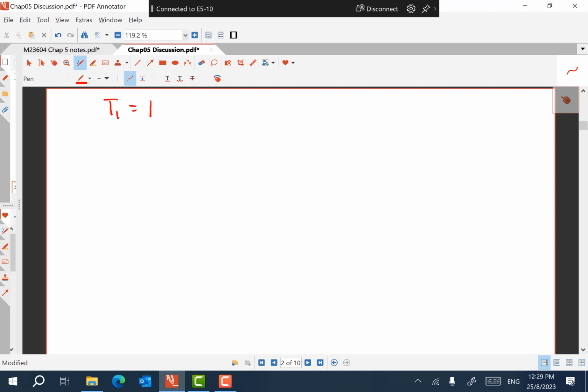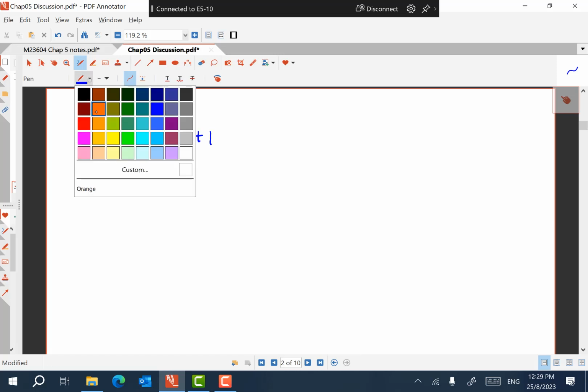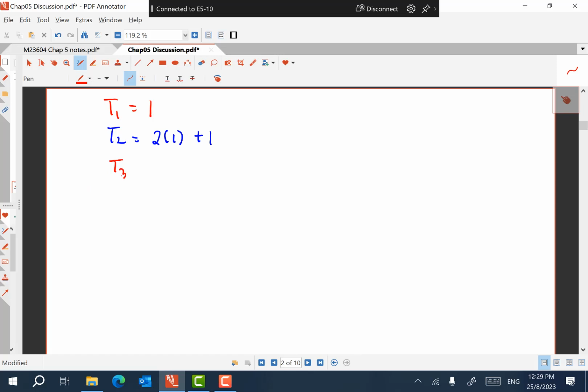So that being the case, based on this we can actually generate our pattern. T1 is 1, right? T2 is equal to 2 times 1 plus 1. How about T3? Twice the earlier plus 1.